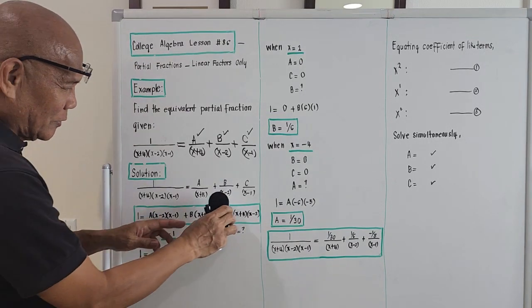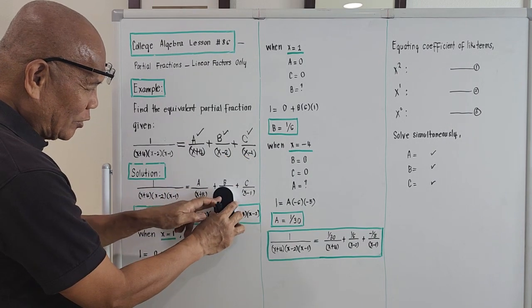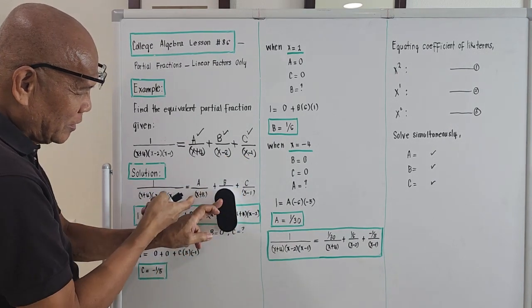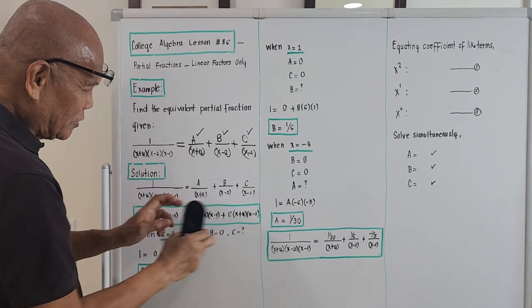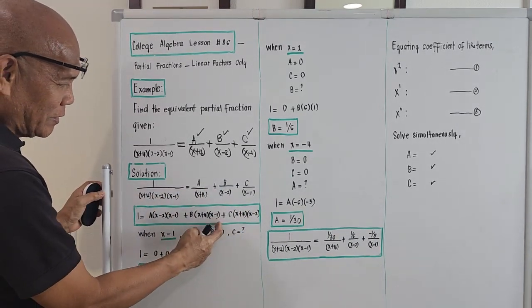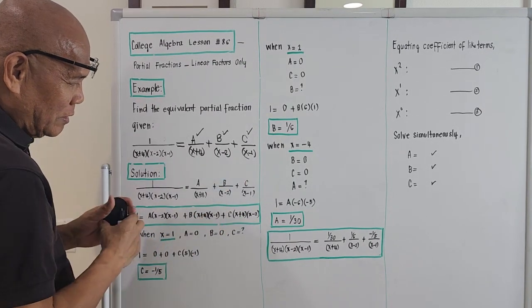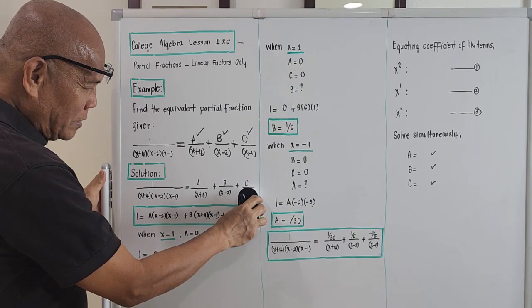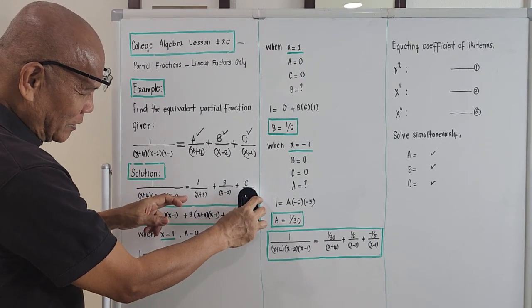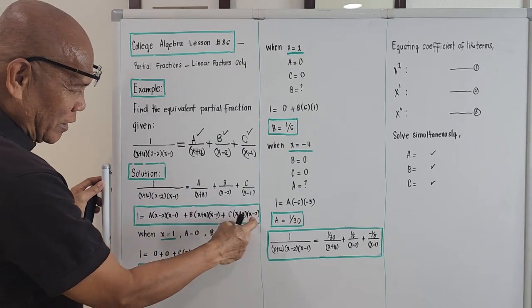And to get the multiplier of B, if we try to simplify the right hand side, we cover its denominator and its multiplier will be x plus 4 and x minus 1. And if we try to get the multiplier of C, we cover its denominator, and the multiplier will be the quantity x plus 4 and x minus 2.